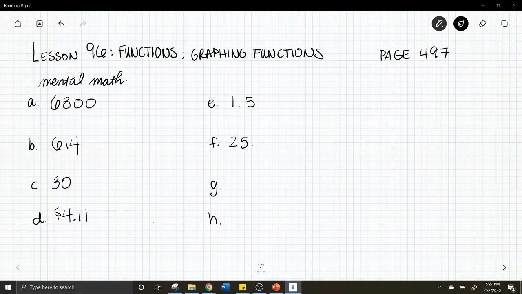Letter G, how many pints are in 2 quarts? The answer, 4 pints. And then letter H, the favorite, the calculation.